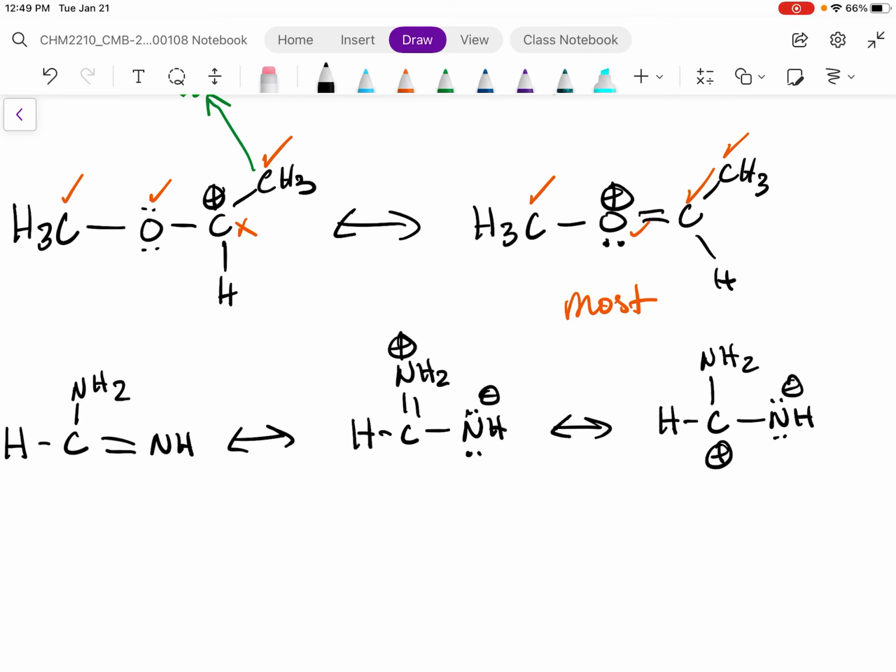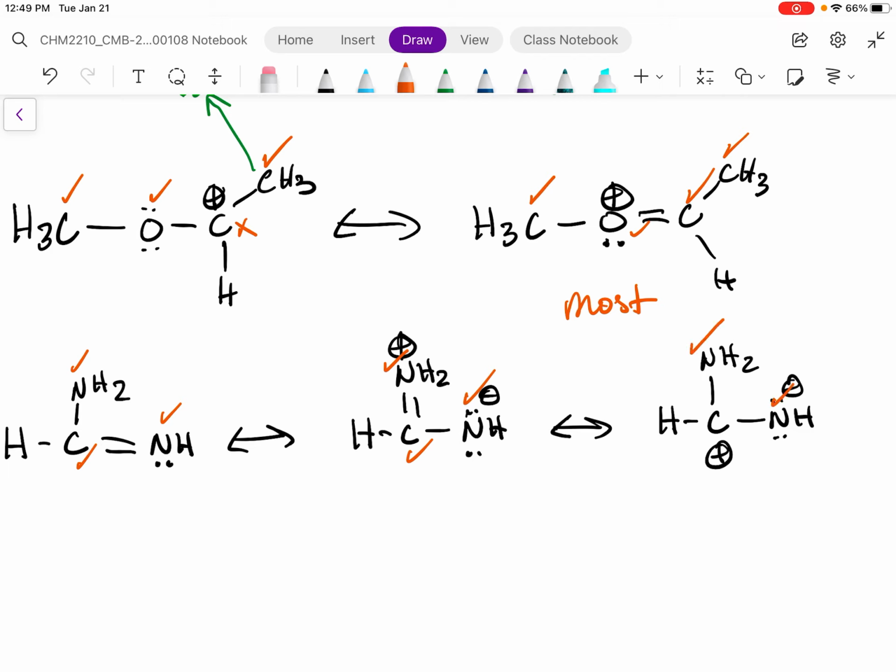Which one is the most significant? We have to start with rule 1. We can't skip steps here. So rule 1, we see that has an octet, octet, octet. Okay? Because what does that nitrogen have? It's going to have a lone pair there. Okay, octet, octet, octet.